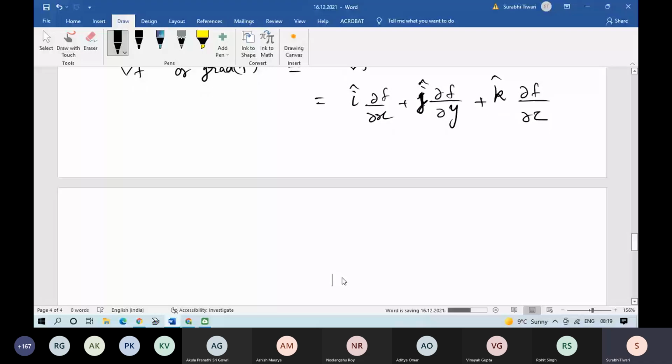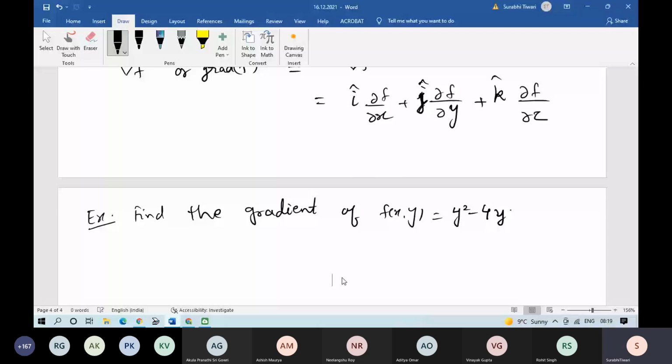So the question is to find the gradient of f(x,y) = y² − 4yx at (1, 2).